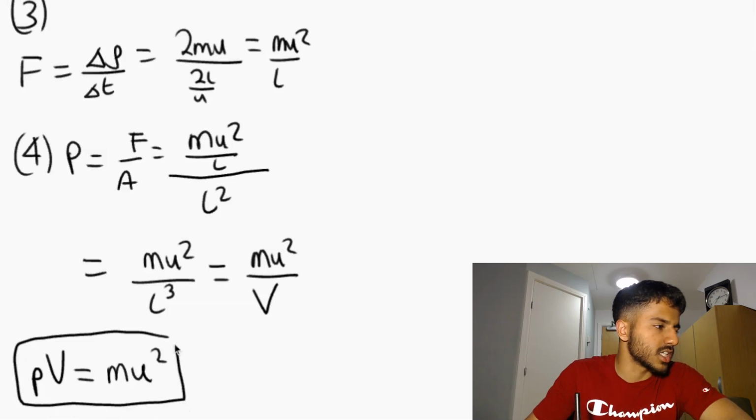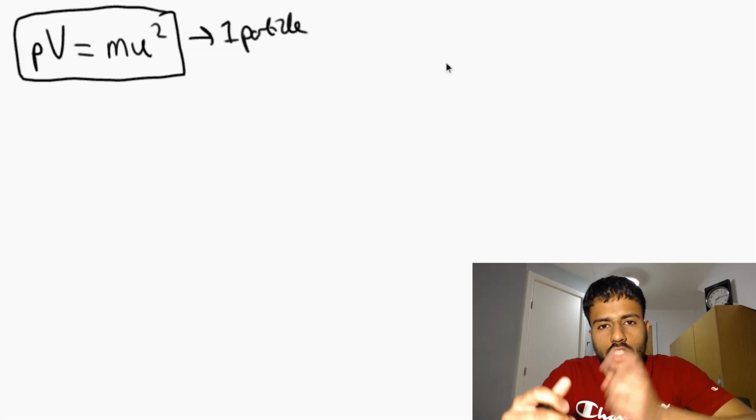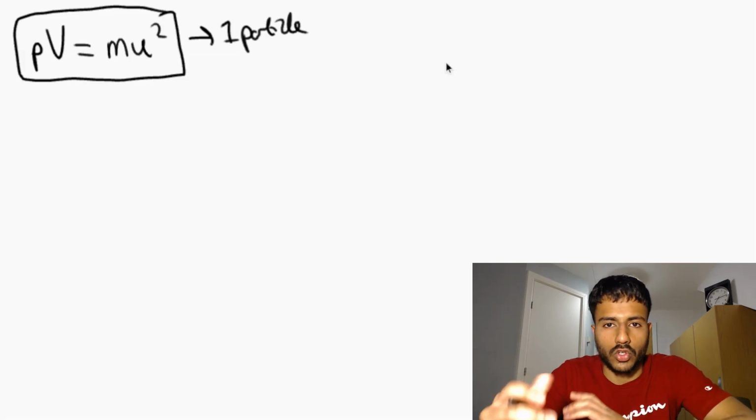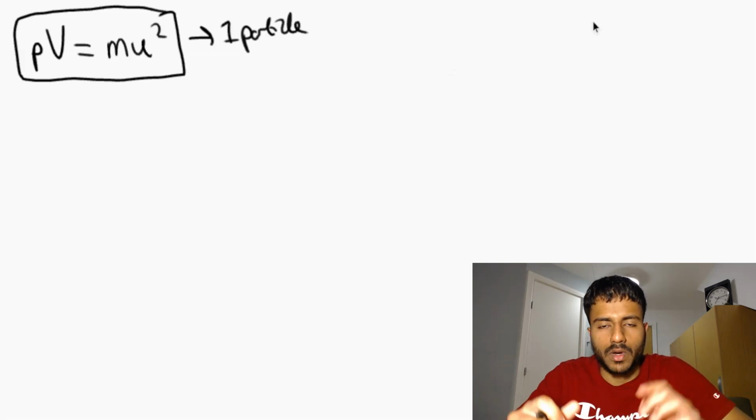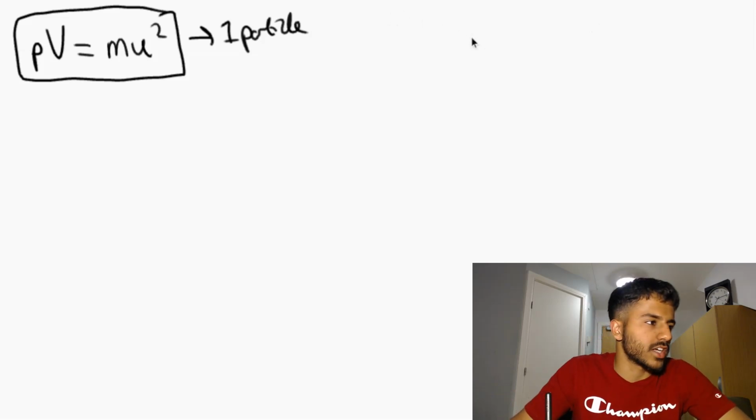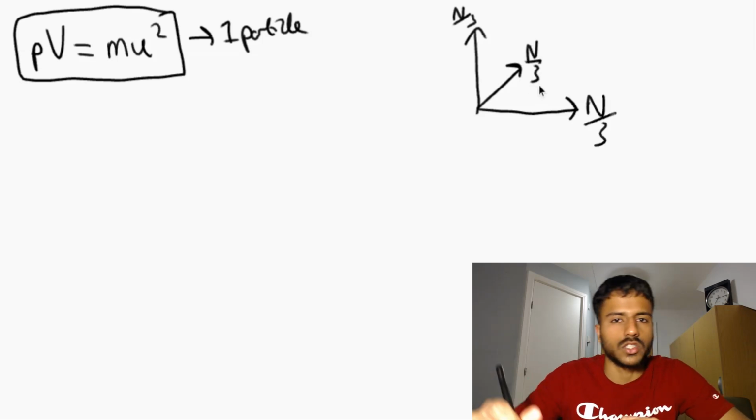So this gives us an equation for one singular particle. But the problem is we don't just have one particle in this volume. We have N particles, but they're traveling in three different directions. We have N over 3 traveling upwards, N over 3 traveling in the left-right direction, and N over 3 traveling into the page and out of the page.